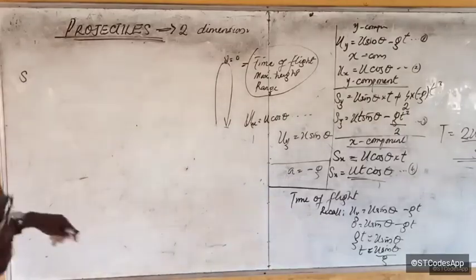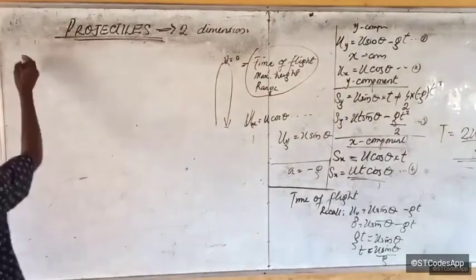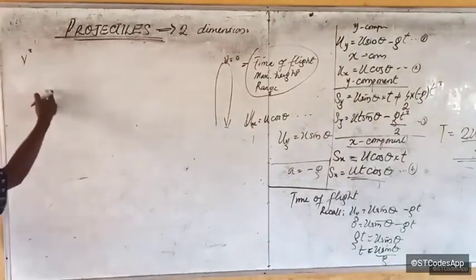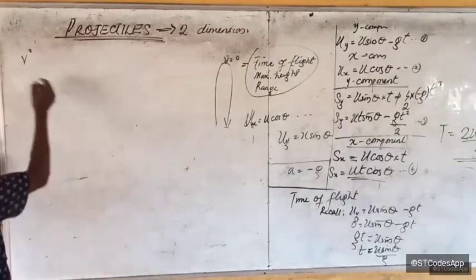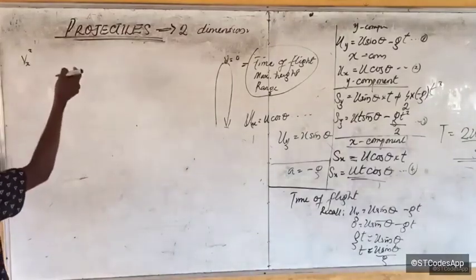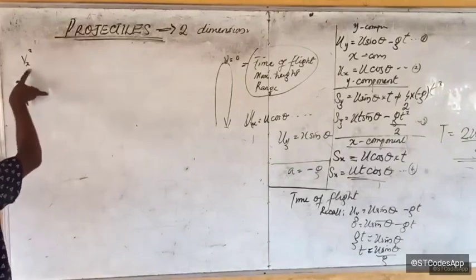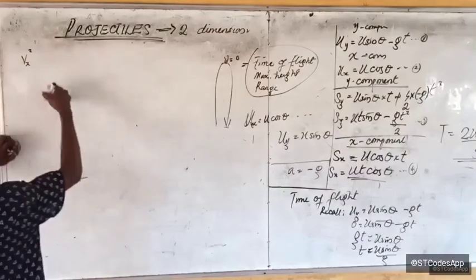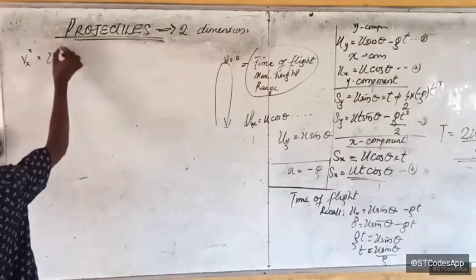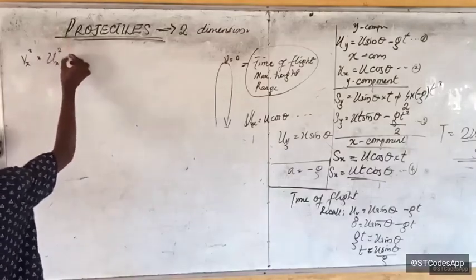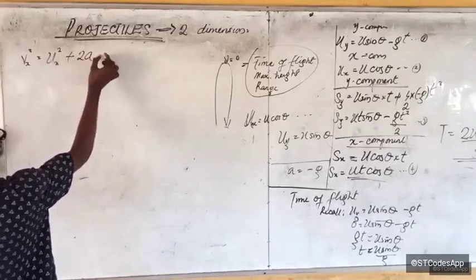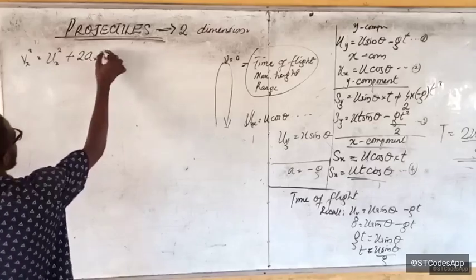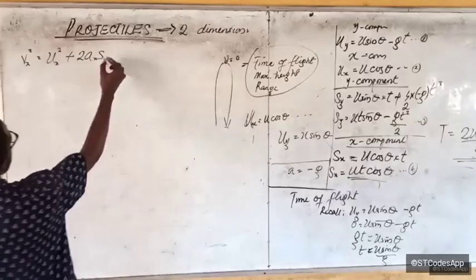Let's try to use the other equation instead. V squared. If it's on the x component, what we'll have is v sub x squared equals u sub x squared plus 2 a sub x s sub x.